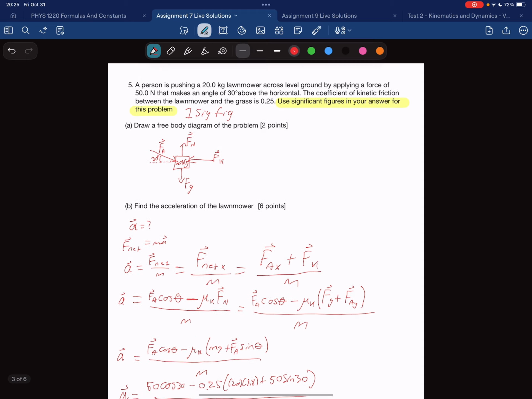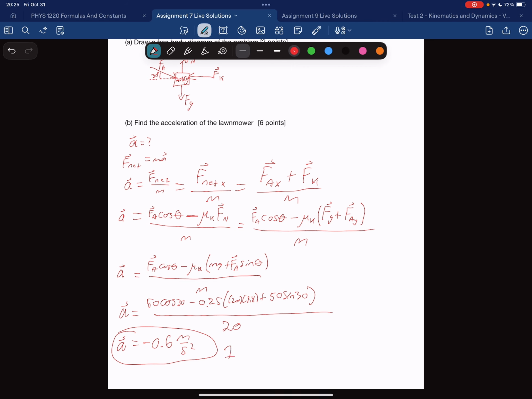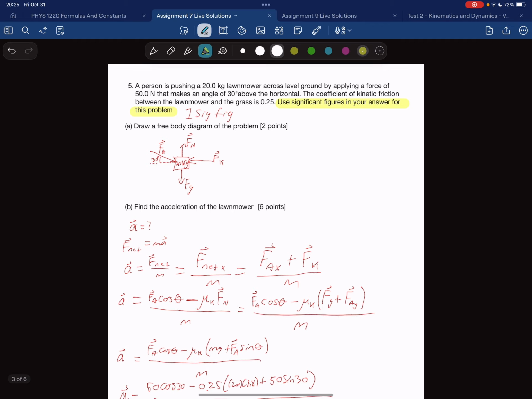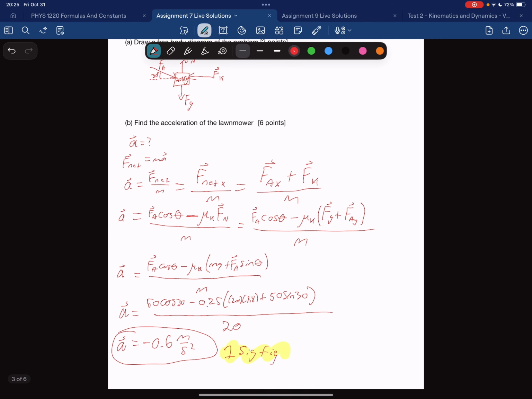And looking back, this is, in fact, one significant figure. It is the same. So that is how I solve this problem.